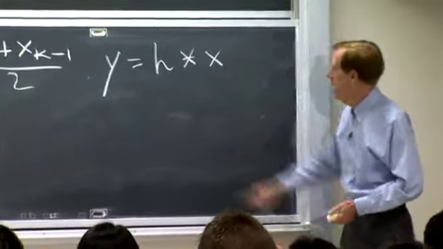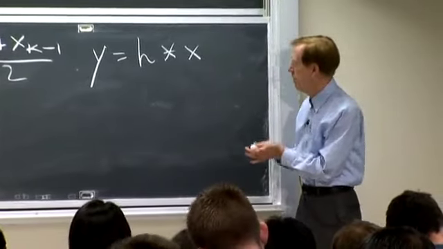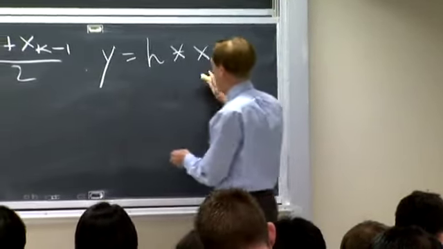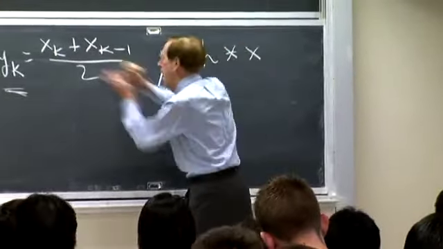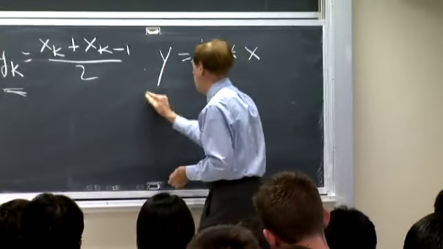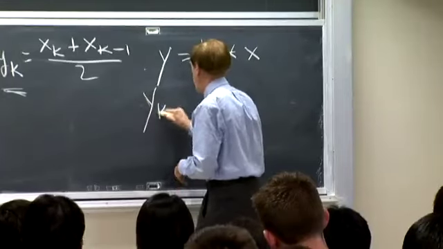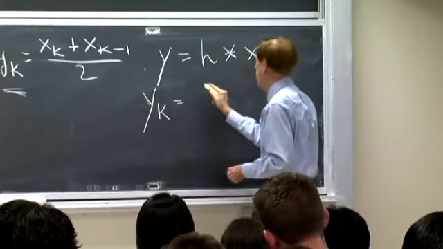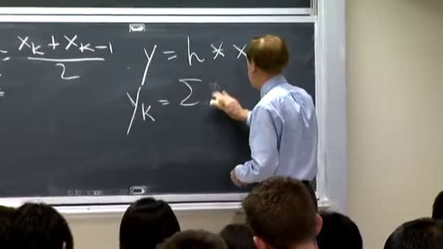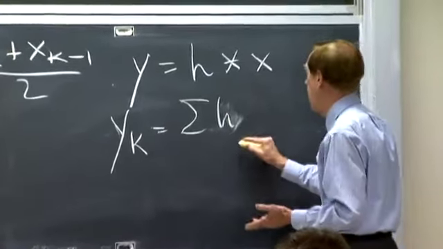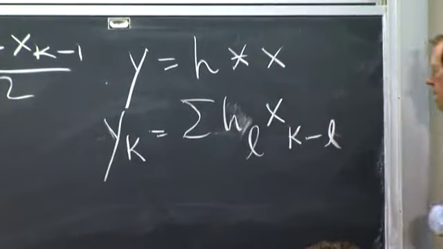So, okay. Now, I just want to ask you, what is the h? I want to recognize this as a filter. So let's remember the notation for a convolution, and then we can match this to that. It's a sum over L of h sub L times x sub k minus L, right?